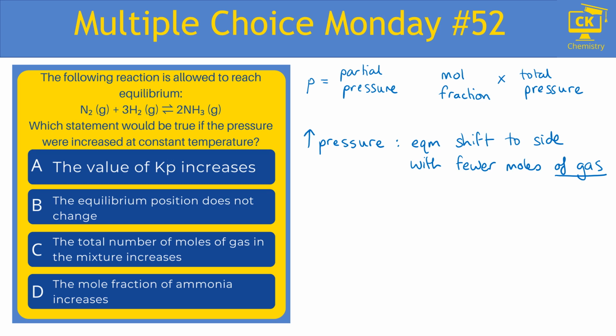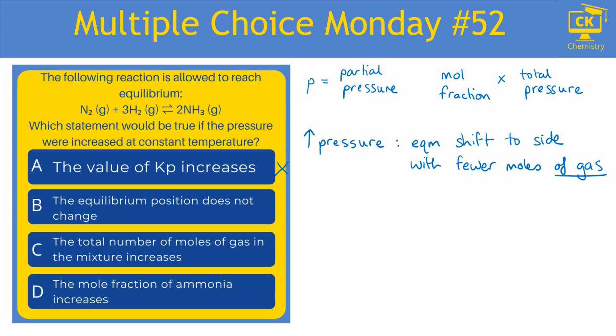Okay, so let's have a look at what will happen in terms of all of the different things that are here. So the value of Kp increases cannot be true, and that is because we have not changed temperature. So you've got to remember that Kp, Kc only change with temperature.